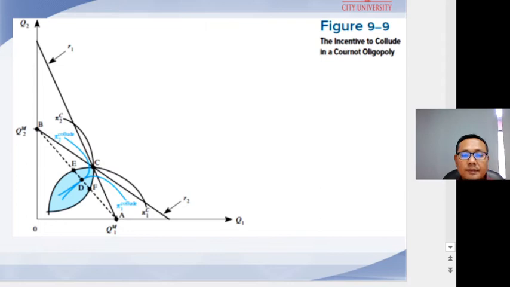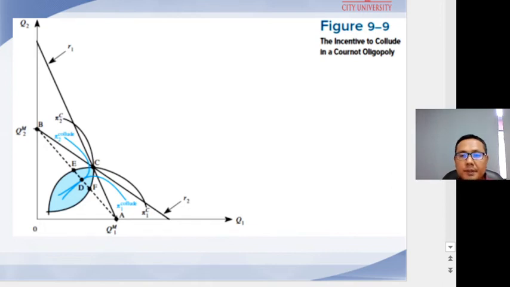So if the firms colluded by restricting output and splitting the monopoly profit, they would end up at a point like D, earning higher profits of pi 1 collude and pi 2 collude.